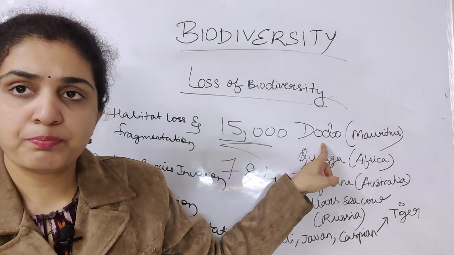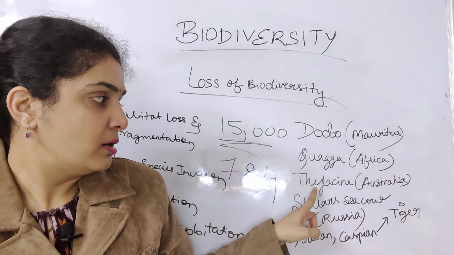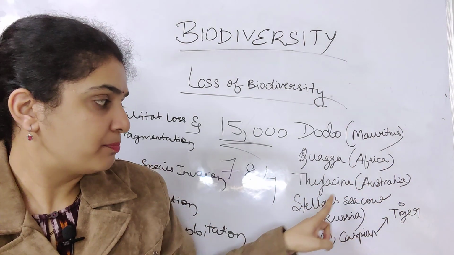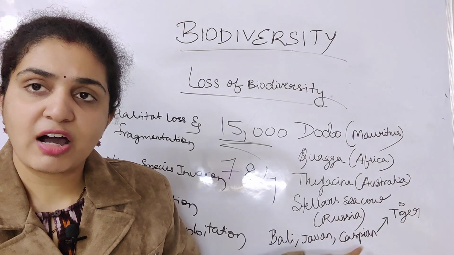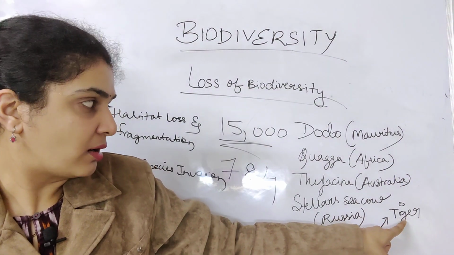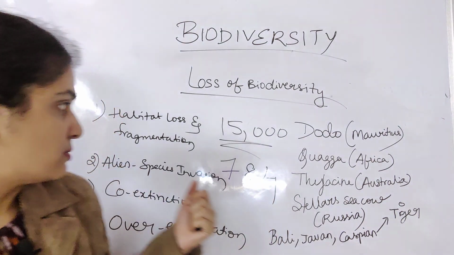One is dodo, belonging to Mauritius; quagga, Africa; thylacine, Australia; Steller's sea cow, Russia; Bali, Javan, Caspian of tiger. So 15,000 species and 784 species.